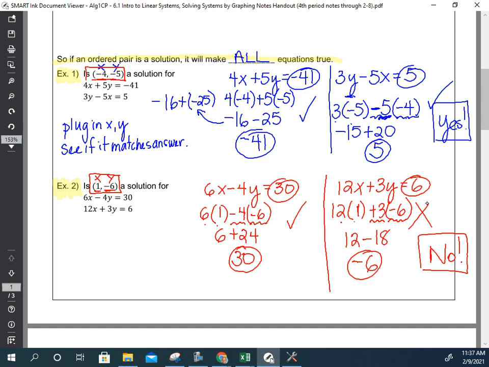In order for the answer to be yes, it has to work for both equations. So if it works for one and not the other, then the answer is no. That's what you do for checking to see if a point works. That's actually what you're supposed to do for the IXL that's due tomorrow.